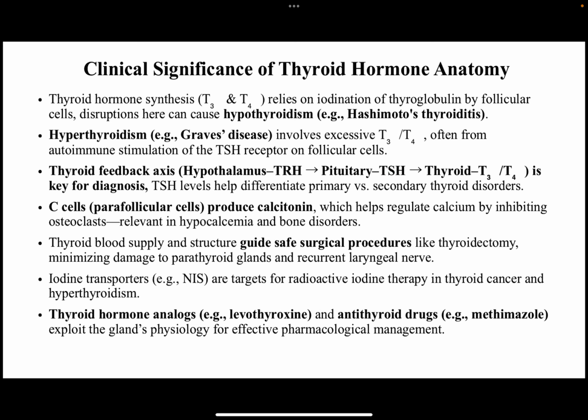Because of the internal heat generated by metabolism, this person can have a high body temperature and may experience what we call heat intolerance. The person may not tolerate a very hot environment, because internally they have a high metabolic rate.